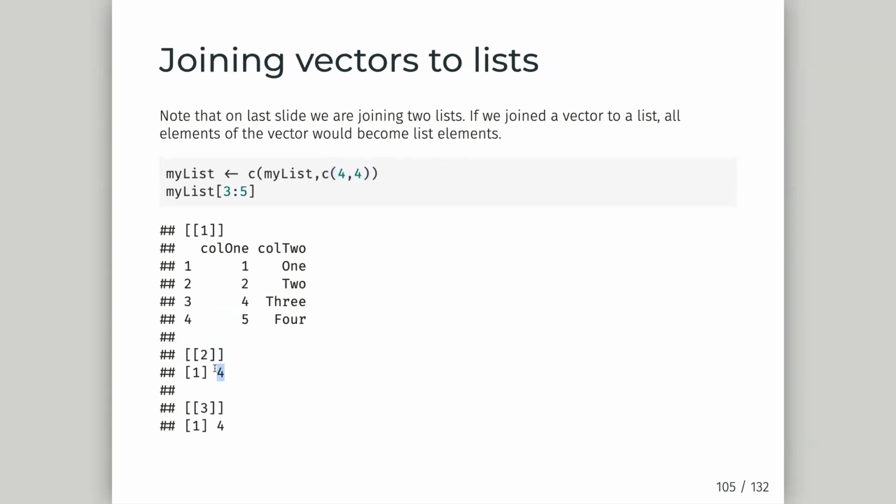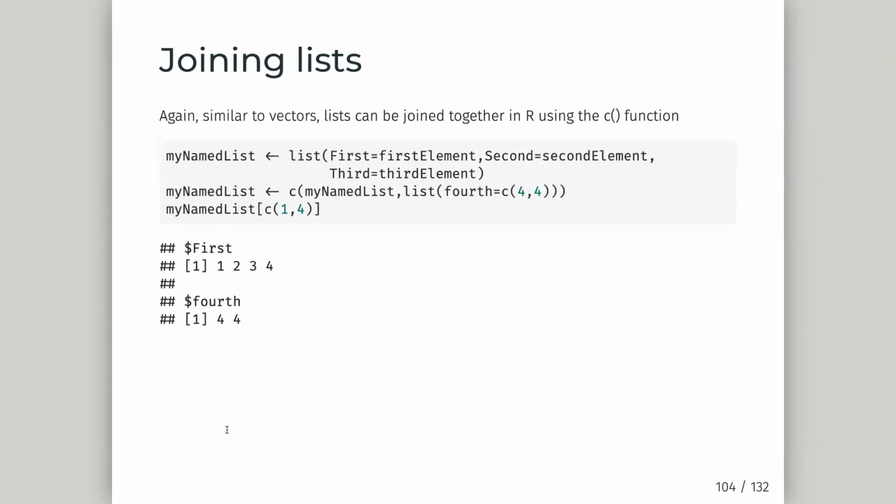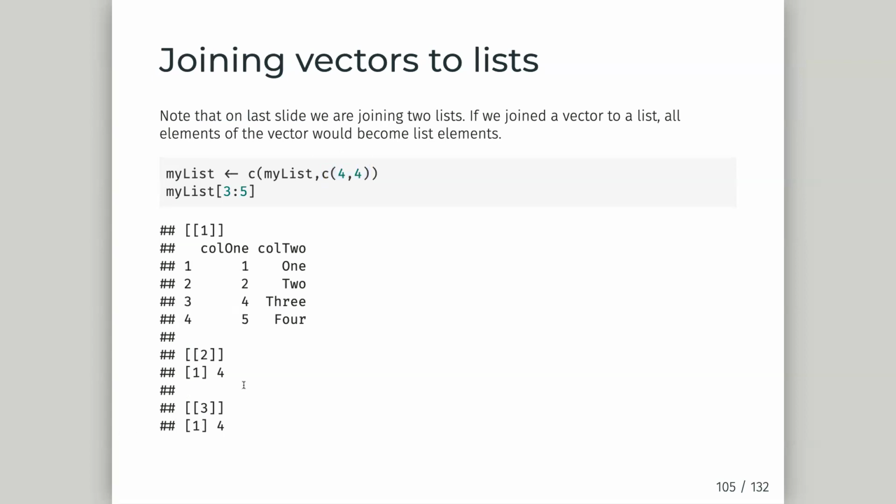The first one containing the first value here, 4, and then the second one containing the second value, 4. So if you want to add a new element, you need to create another list first before you combine it to your previous list. Otherwise, you end up in this situation where you're adding multiple list elements.